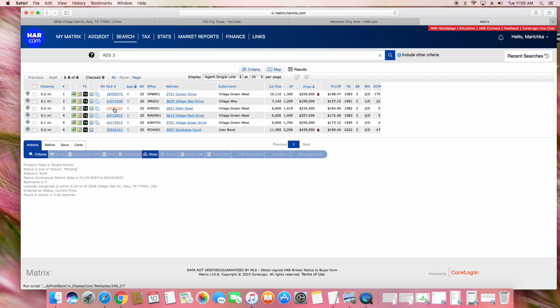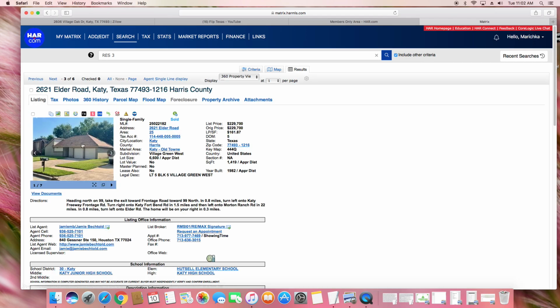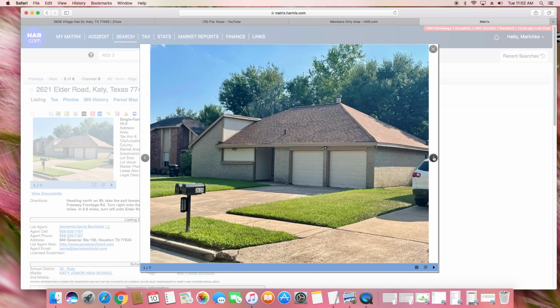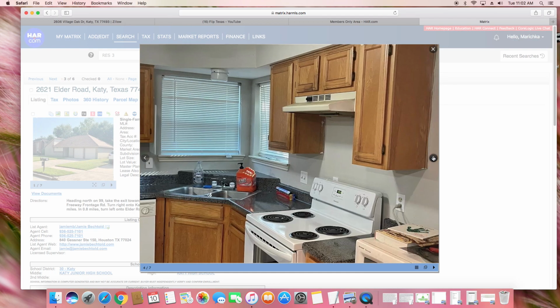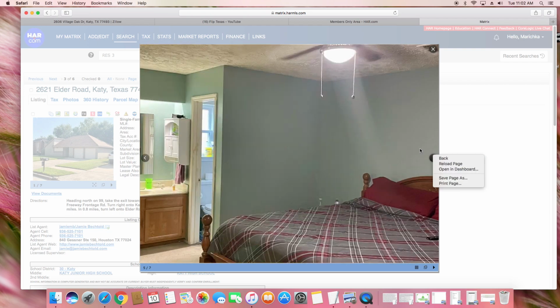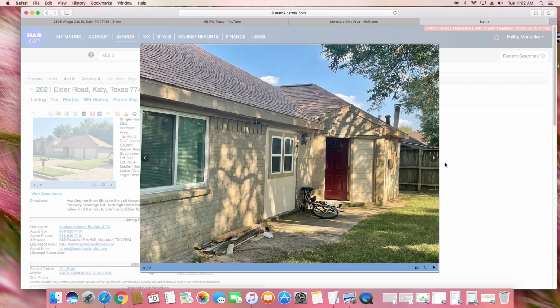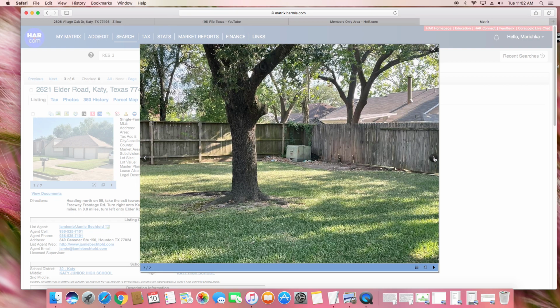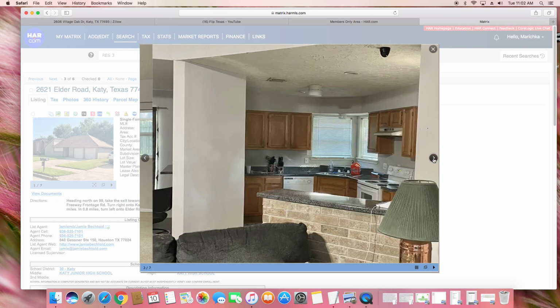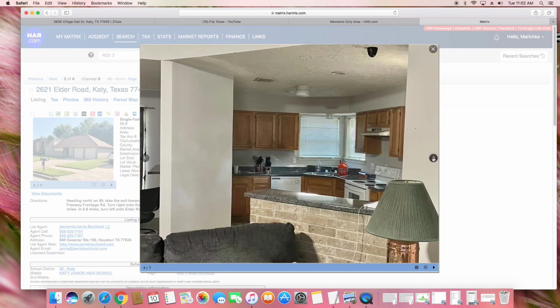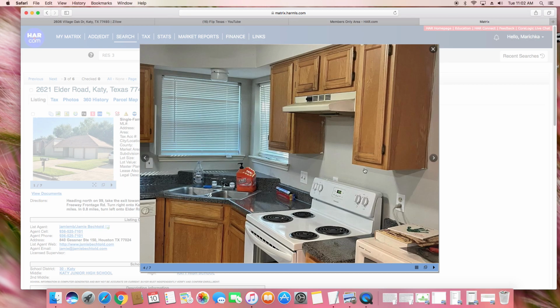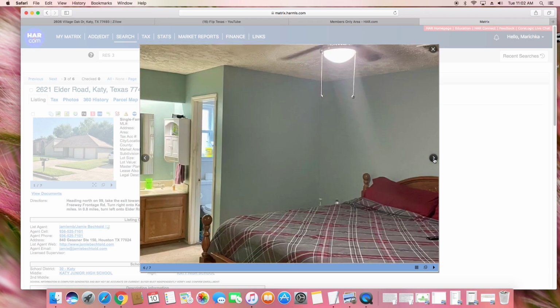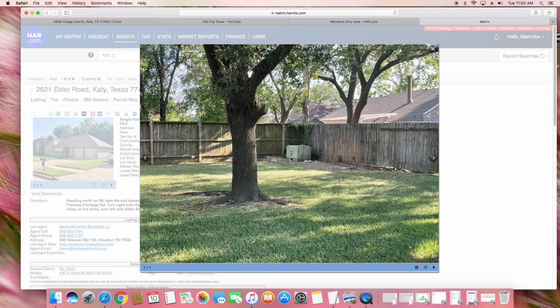Here's another one. Let's look at this. I don't like this sales price. The sales price is kind of low. Okay, well, no wonder why the sales price is low. It looks like people are still living in the property. These pictures are really crappy. There's ugly random stuff sitting all around the property.